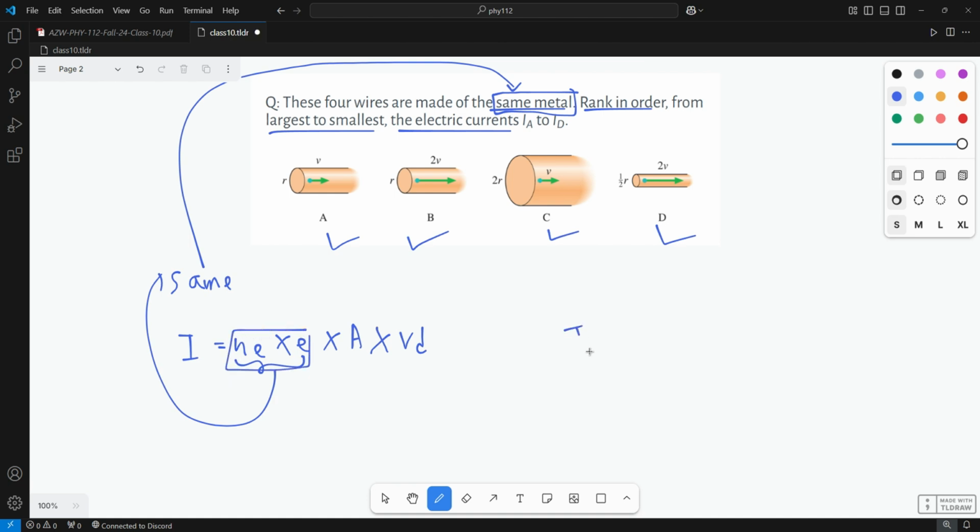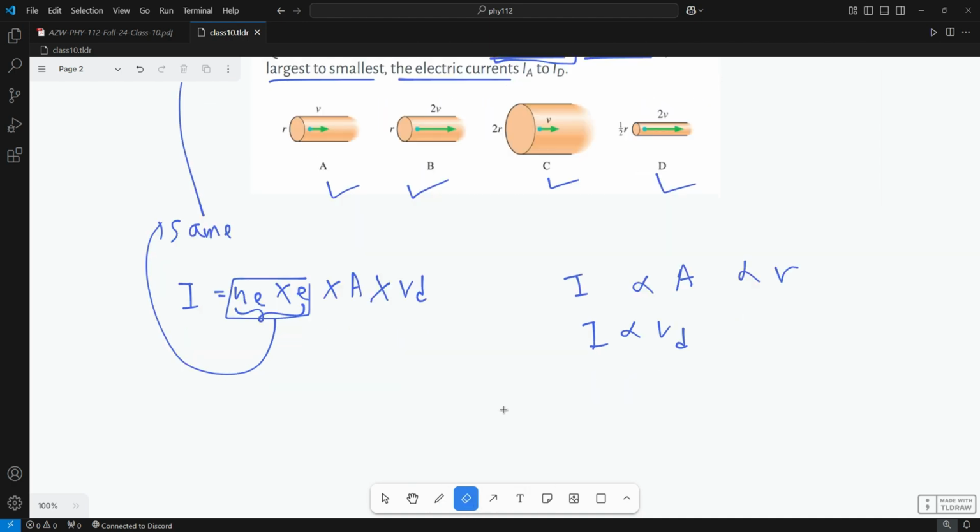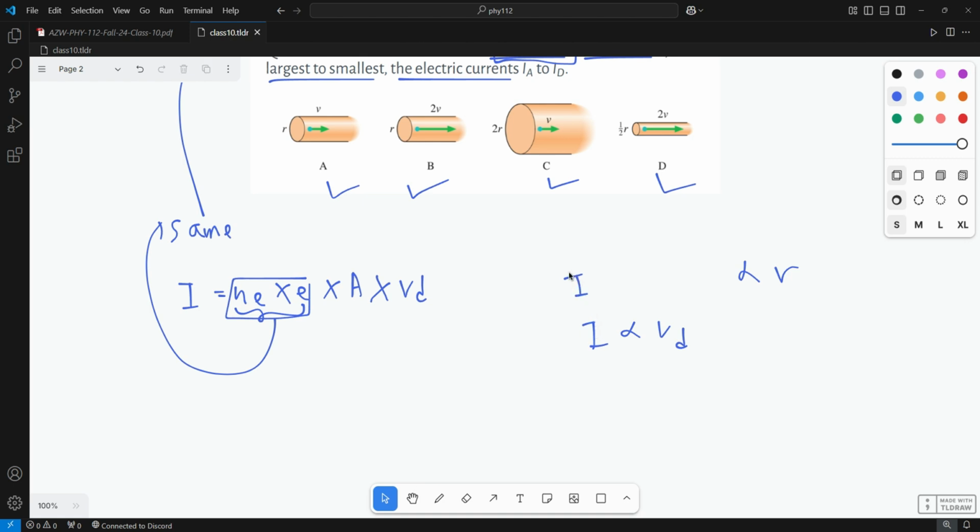We can write I is proportional to the area, and I is also proportional to the drift velocity. The area is also proportional to the radius. So we can ultimately write that I is proportional to the given radius.